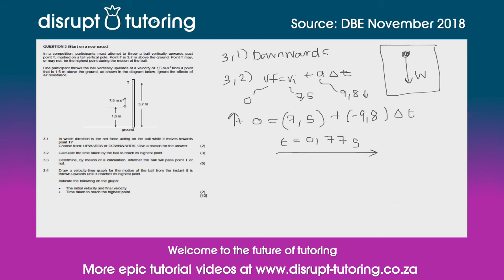Then it says, determine by means of a calculation whether the ball will pass point T or not. All that we're calculating there is the actual height that this ball reaches and comparing that to the height of T. So now we have to choose a different equation of motion.